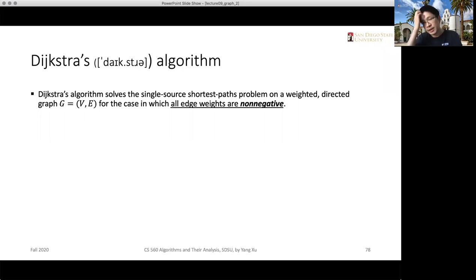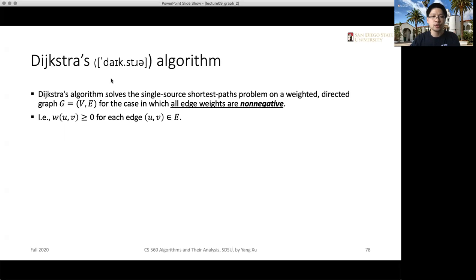A lot of these relaxation operations, especially towards the end, can be unnecessary because they don't actually change the candidates' values for the shortest distance at all. So Dijkstra's algorithm is an improvement, and it will use a smarter data structure to help select the edge that needs to be relaxed rather than relax all the edges.